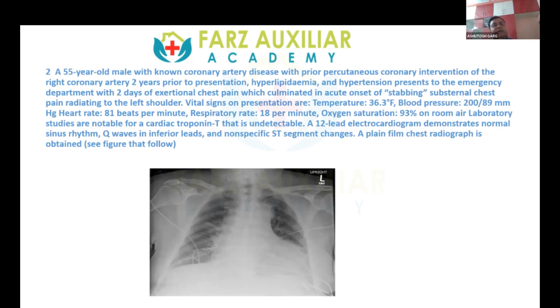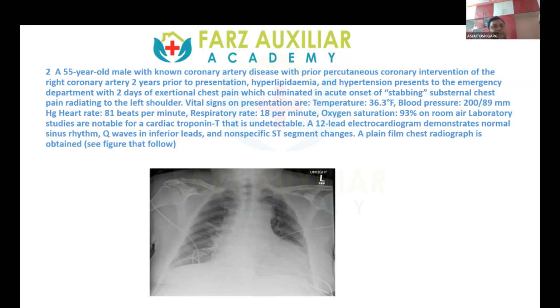Second question. A 55-year-old male with known coronary artery disease with prior percutaneous coronary intervention of right coronary artery, 2 years prior to presentation, hyperlipidemia and hypertension, presents to the emergency department with 2 days of exertional chest pain, which culminated in acute onset of stabbing substernal chest pain radiating to left shoulder.